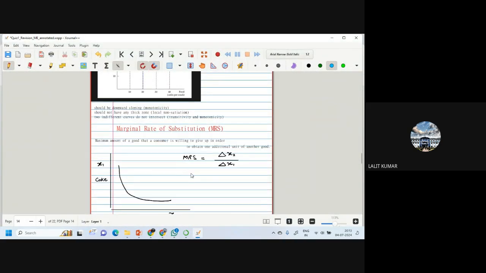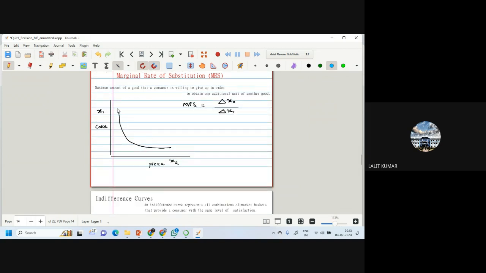Marginal rate of substitution is basically the maximum amount of a good that a consumer is willing to give up in order to obtain one additional unit of another good. Here there is an example of Coke and pizza. This curve also looks like this: if I have more pizza, then I have to give up some Coke.